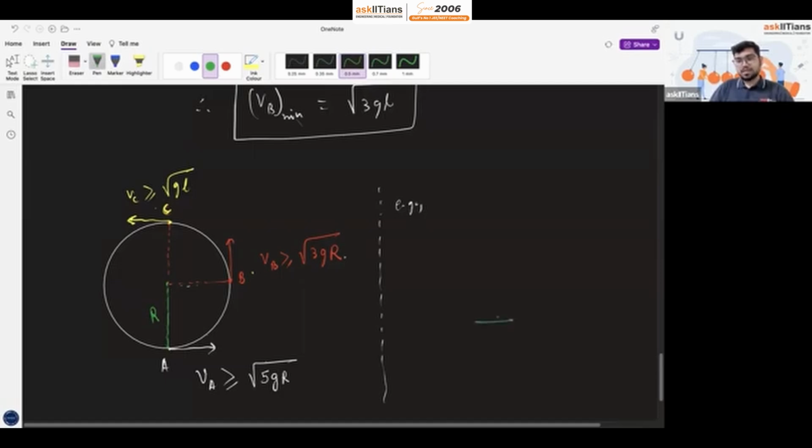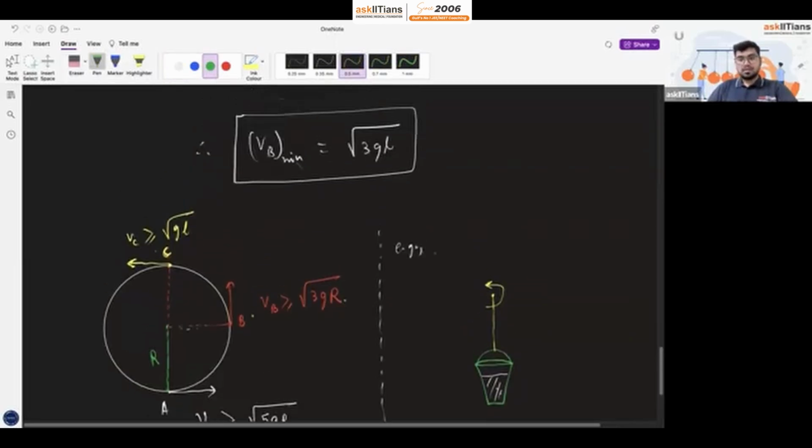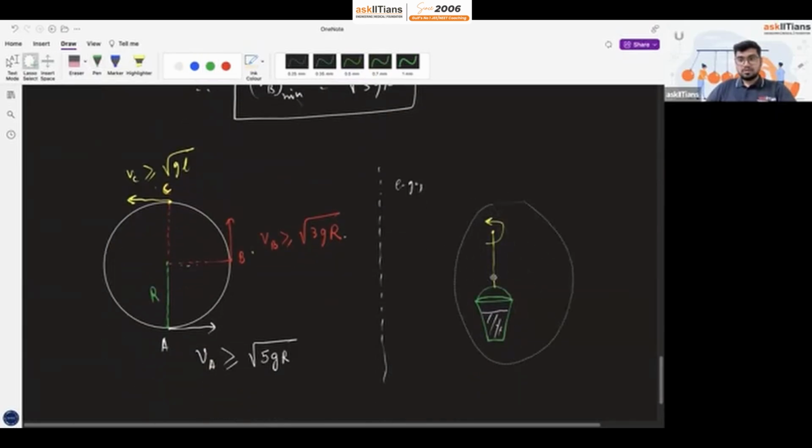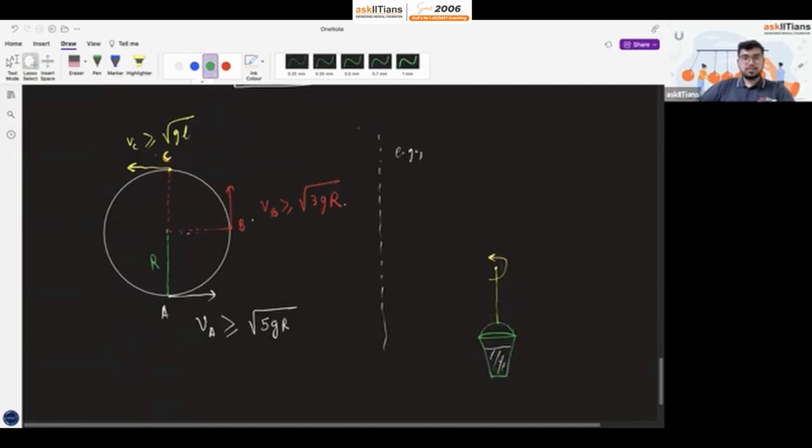There's a bucket filled with water, and this bucket has to be rotated with a certain speed so that the water inside it, when it is exactly at the top, like this, still remains there.